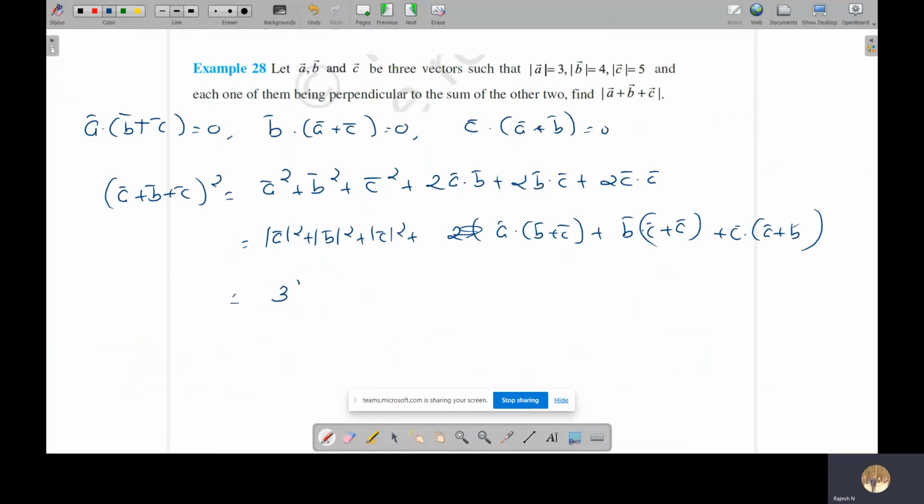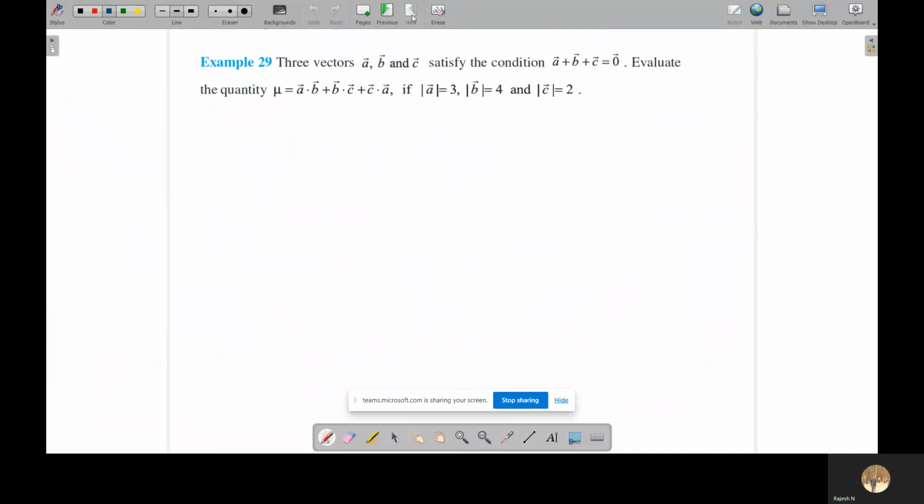Modulus A bar is 3, so 3 squared plus 4 squared plus 5 squared plus 0 plus 0 plus 0. So 50 is the answer. Therefore, what is modulus A bar plus B bar plus C bar? Root of 50, which means 5 root 2.